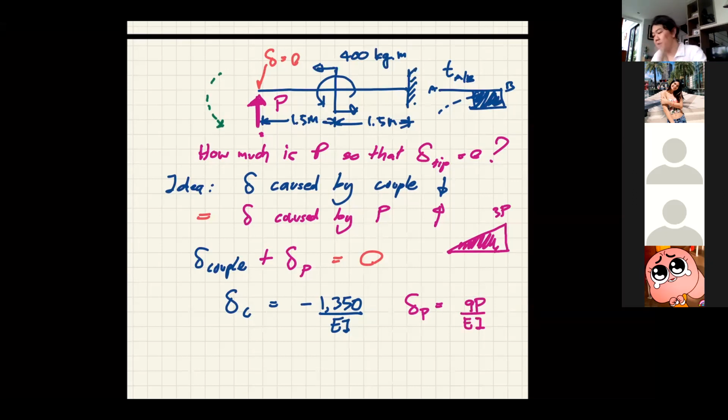So if I put them in my superposition equation, yes, you're right. I like that you can see this. This is our superposition.